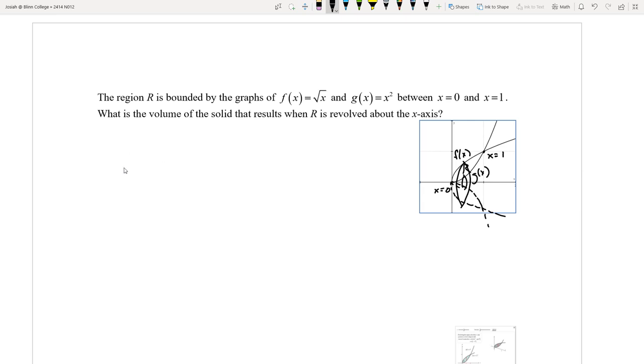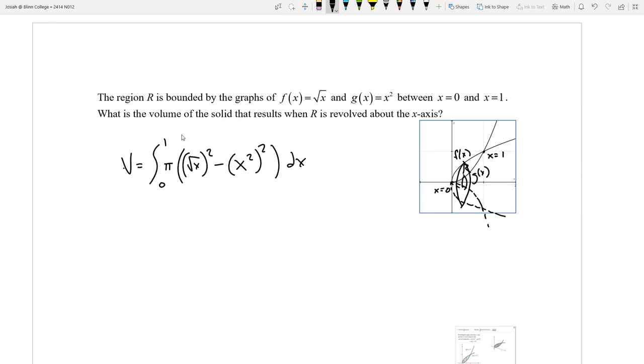So if we're looking at our volume here, pi times big radius squared minus small radius squared. Upper function is the big radius. So root x squared, minus the smaller radius, which is my lower function, square that. And we're looking from 0 to 1.